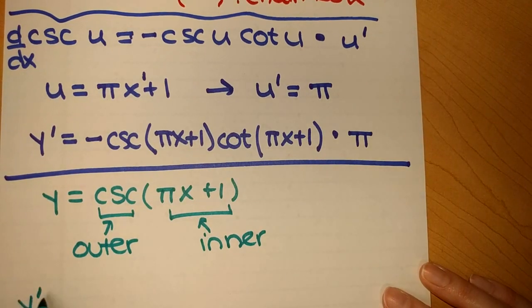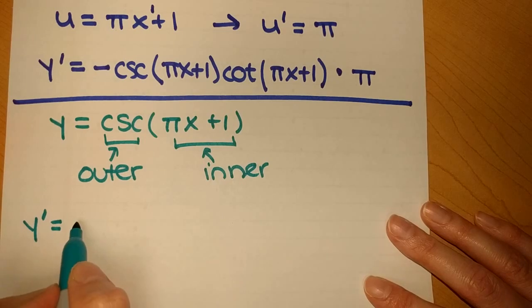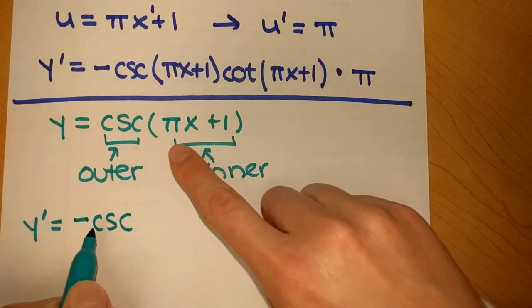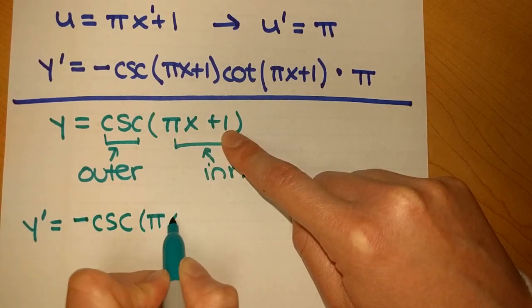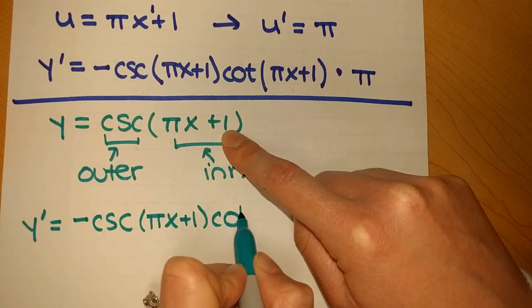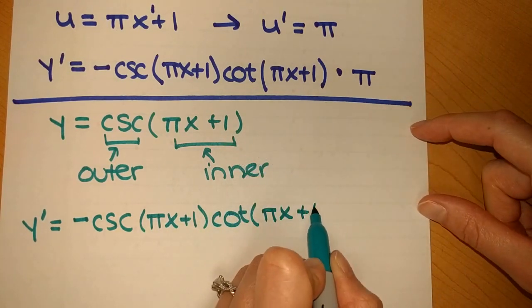So when I take its derivative, I'm going to take the derivative of the outer. So the derivative of cosecant is negative cosecant. I have to keep this inside fixed, times cotangent pi x plus 1.